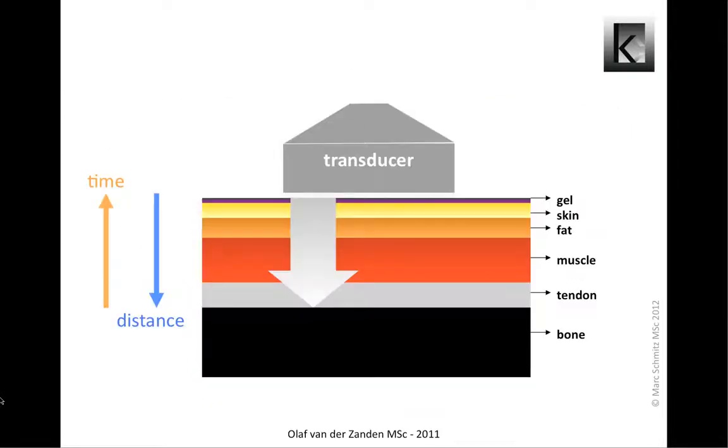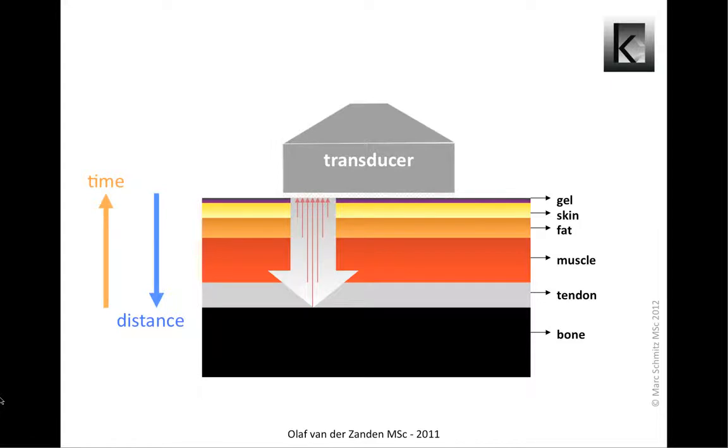The transducer is an essential element of the ultrasound equipment, responsible for the generation of an ultrasound beam, which is sent into the body and going through various soft tissue layers like skin, fat, muscle, and tendon. Bone is hard and can't absorb the ultrasound beam, so the bone will reflect the beam back.